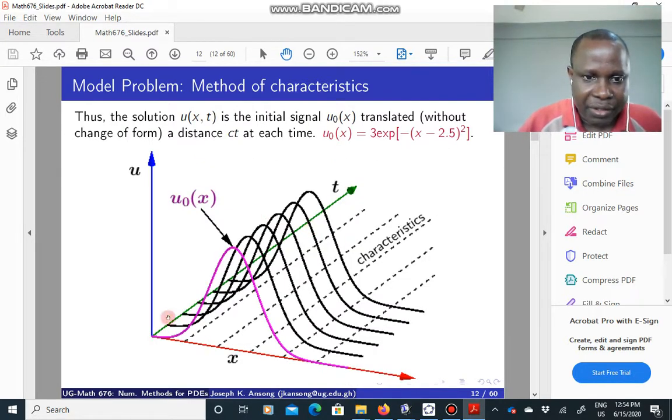If I start off, this is u and x, with some initial bump when t is 0, as time goes on, this does not change form, it just translates along the characteristics. At each time, it's going to move a distance of ct.